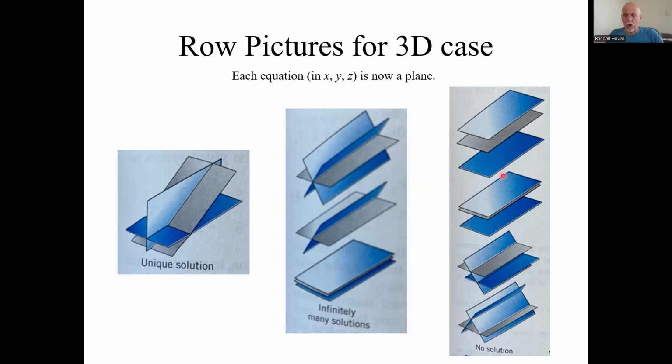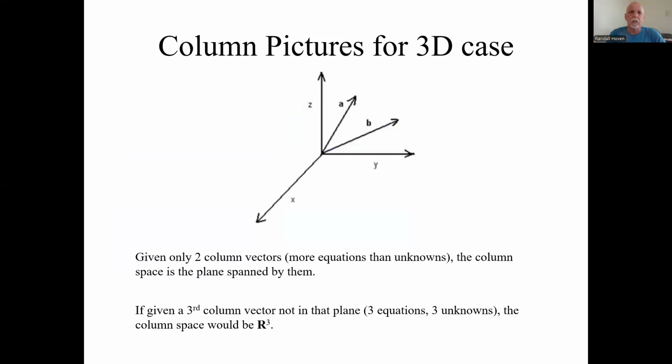And if they never all intersect at the same place, maybe 2 at a time could intersect, but not all 3 at the same point or line or plane, then you have no solution. So that's the row picture for 3D, or beyond 3D.